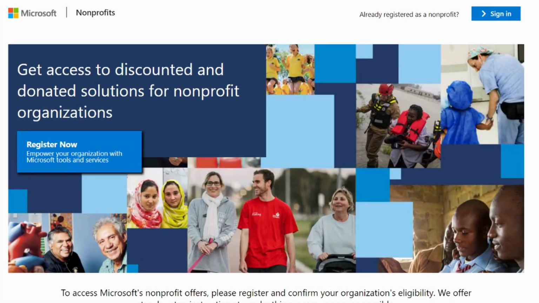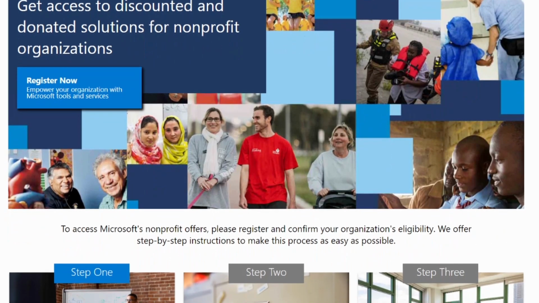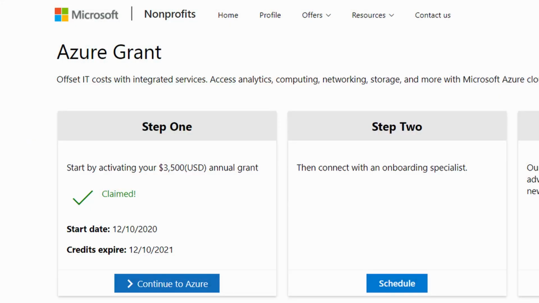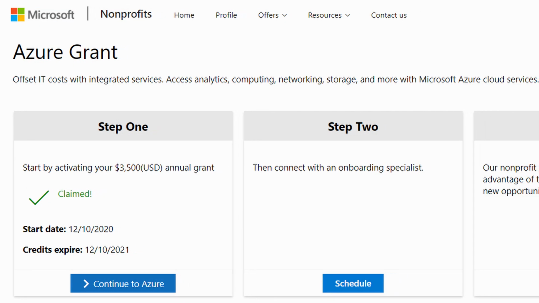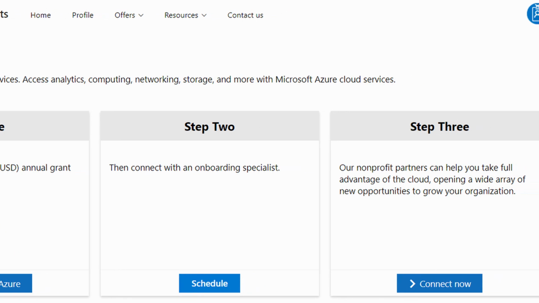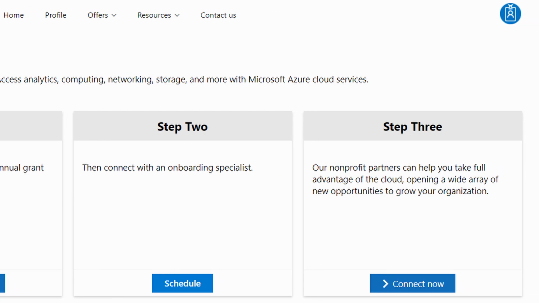An example of such a sponsorship is through Microsoft non-profit program, where if you are approved as a non-profit organization within Microsoft, you can be granted up to $3,500 each year in Azure credits. Now, this is a great offer for non-profits because you can do a whole lot in Azure with that amount of money.